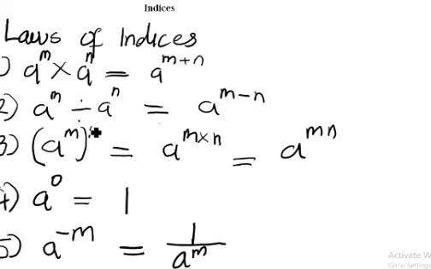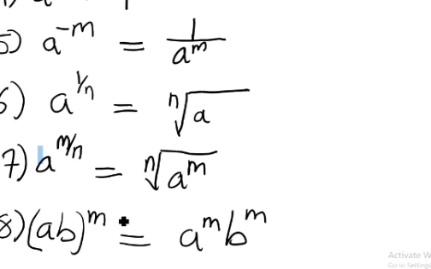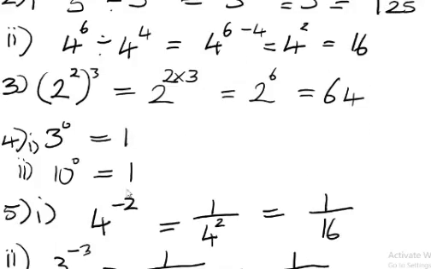So just try to follow the laws one by one. If you miss anything, just go back to it, and then you see this one is the power law, this is the division law, this is the power law, this is the zero index and all that. You see that the examples, I was able to write them accordingly. There is no mix-up.